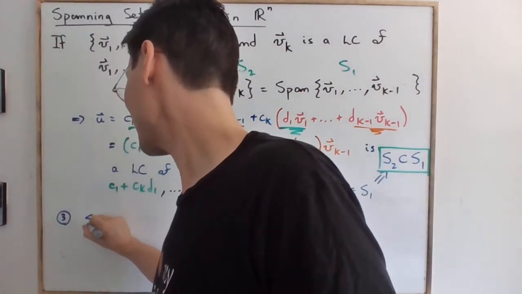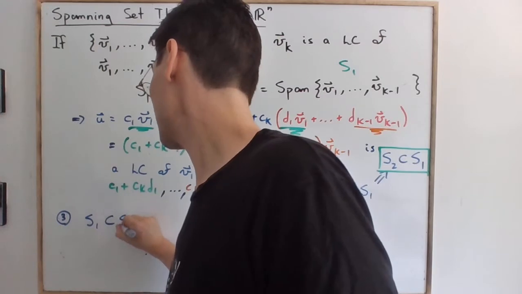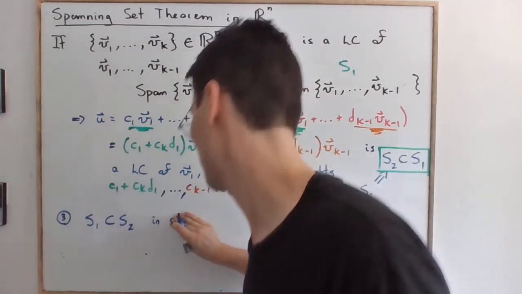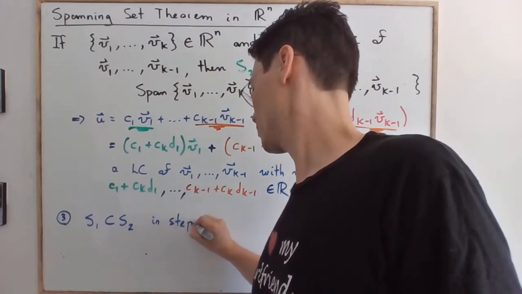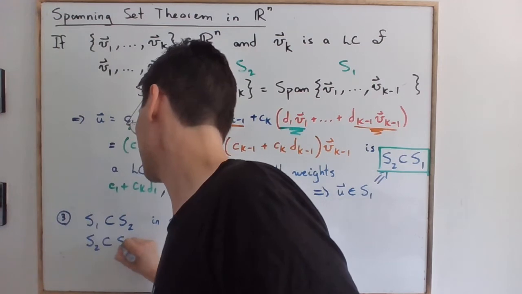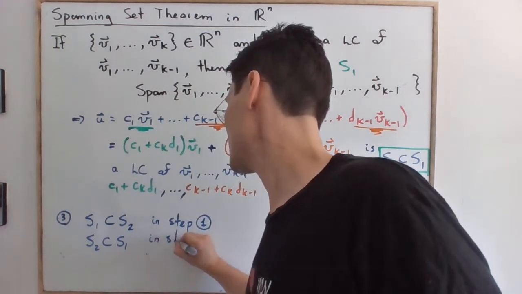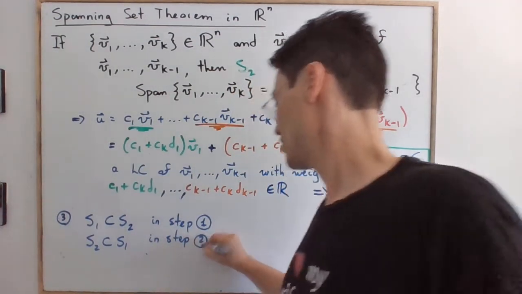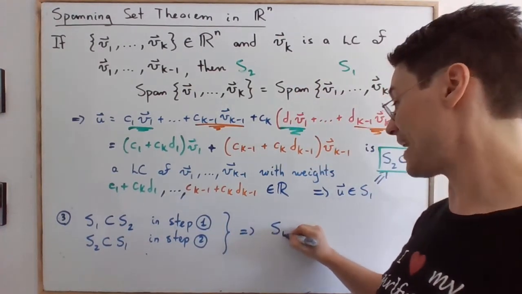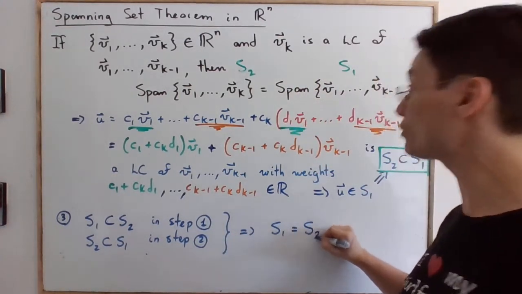So we proved that S1 is contained in S2 in step 1. And we proved that S2 is contained in S1 in step 2. So putting these together, it means that S1 is actually equal to S2.